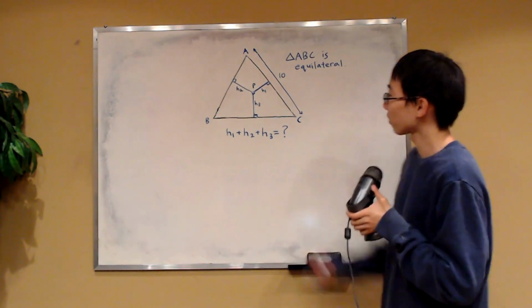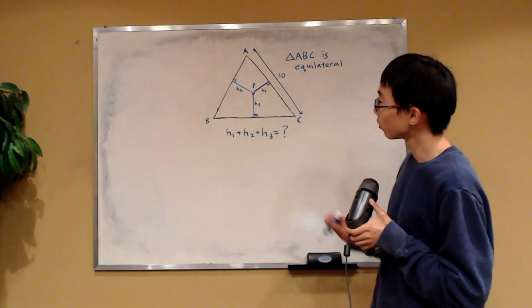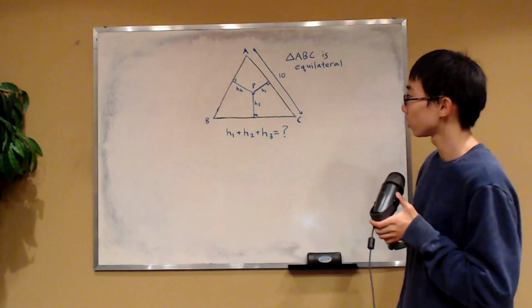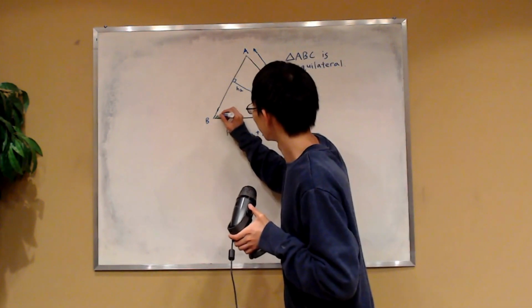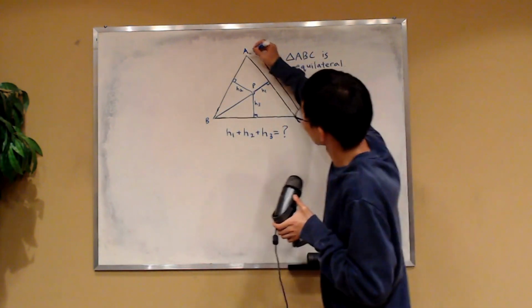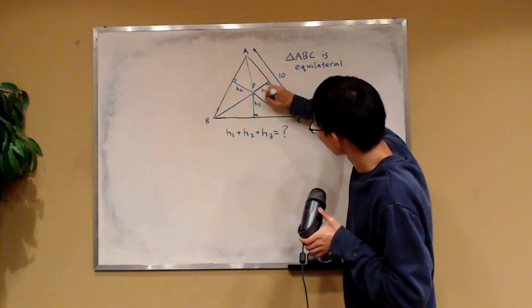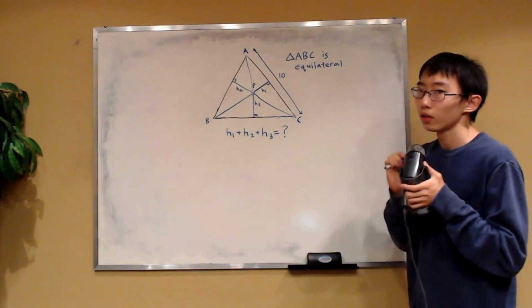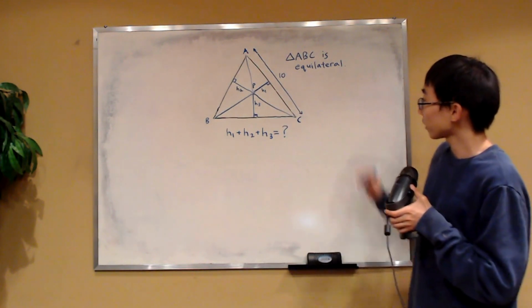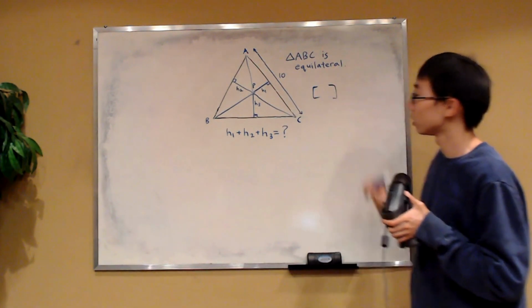I'm going to connect from each vertex to the point P with a line segment. So we're going to connect the segment BP, the segment AP, and the segment PC. Now, I'm going to let square brackets denote area.